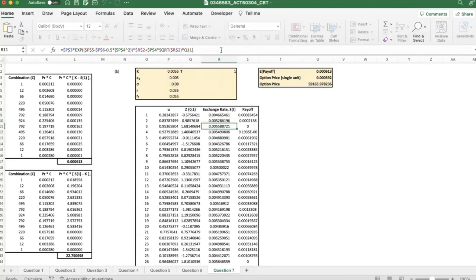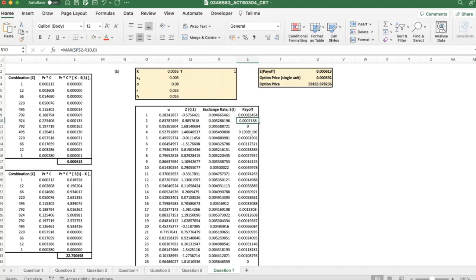From that, we can calculate the put payoff, using the formula: maximum payoff of the strike price minus the spot exchange rate.